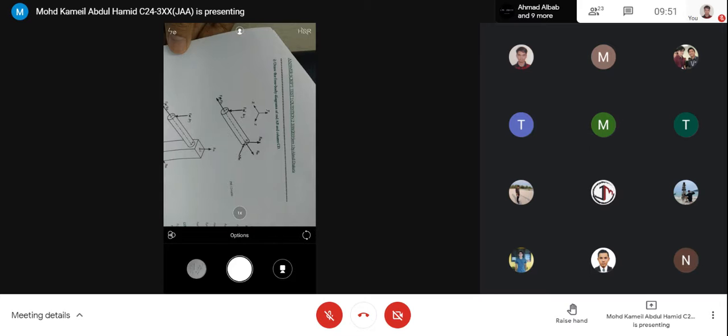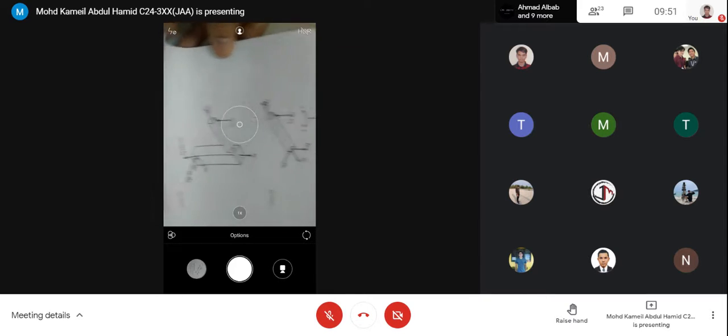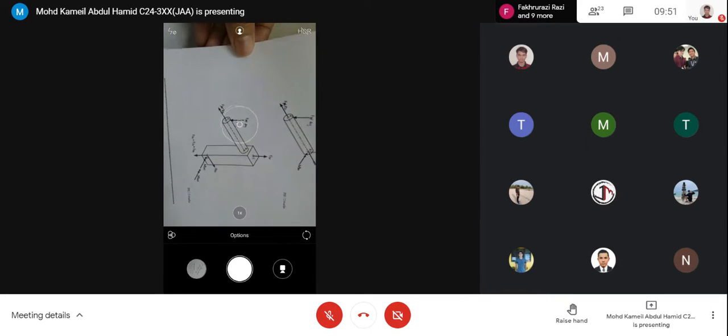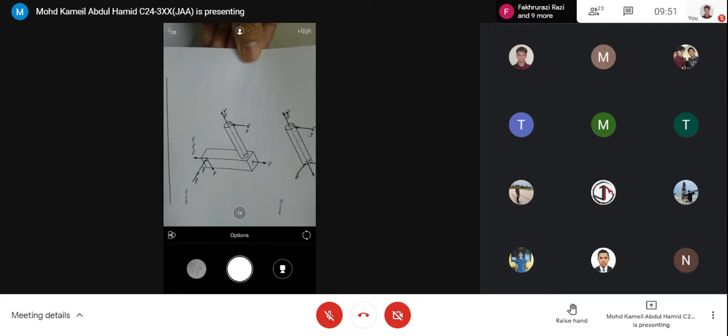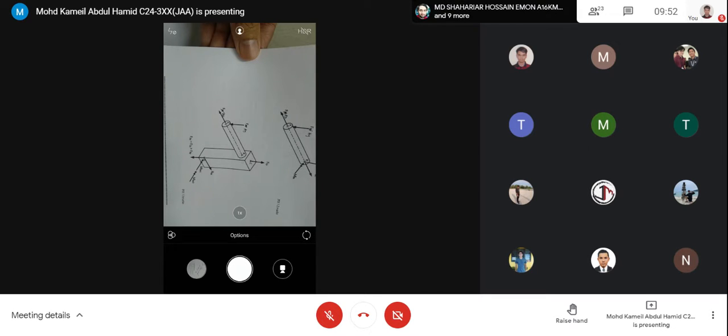Then column CD. For column CD, you can draw it this way, or if you want you can remove AB and draw the column CD.